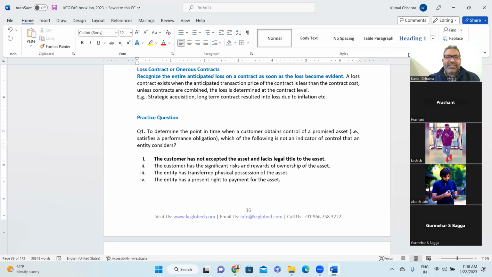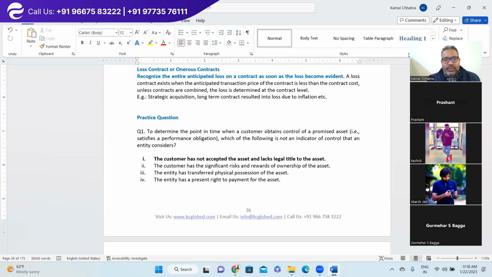Cool. Okay, so let's do a practice question. To determine the point in time when a customer obtains control of promised assets, that is, satisfies the performance obligation, which of the following is not an indicator of control that an entity considers?